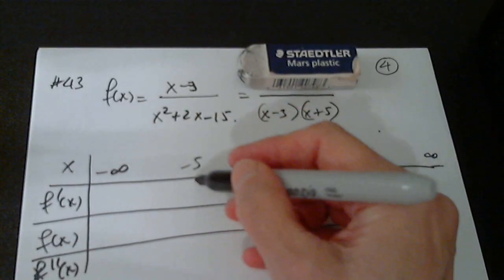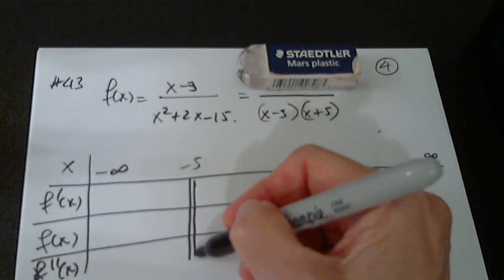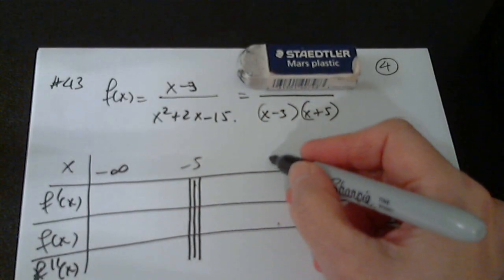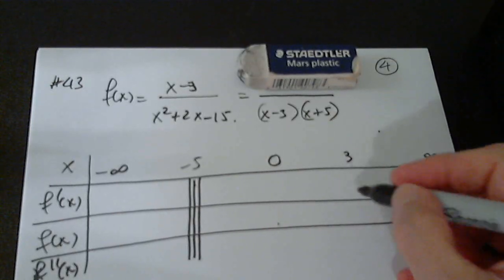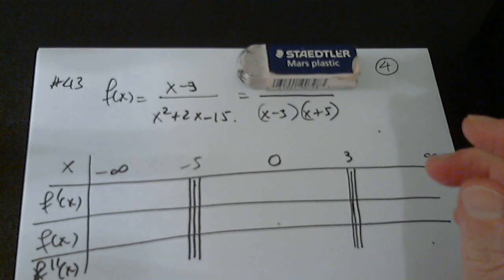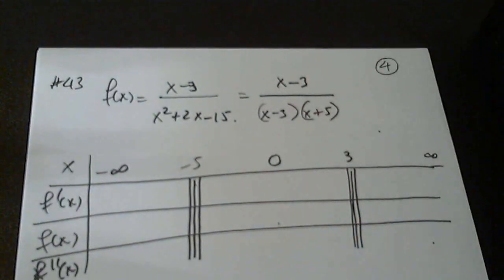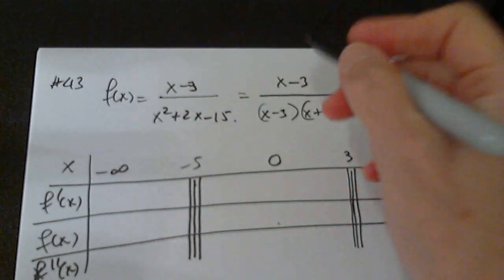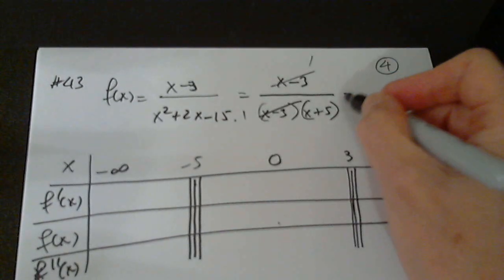So negative 5, nothing underneath. 0 has to be in the table. 3, nothing underneath. Now I will simplify. Can I? Is there any factor that I can get rid of? X minus 3. Indeed. And now it's gone.